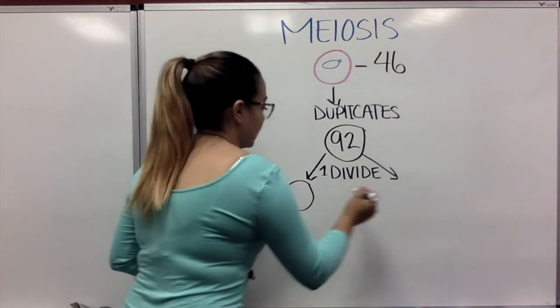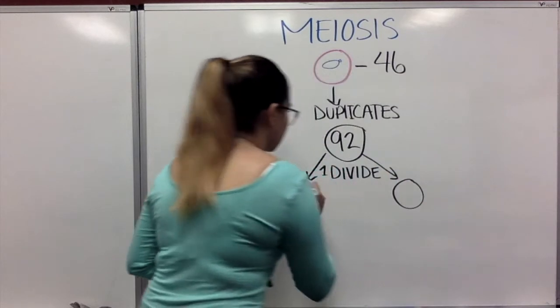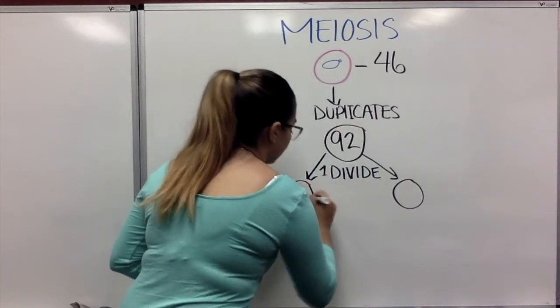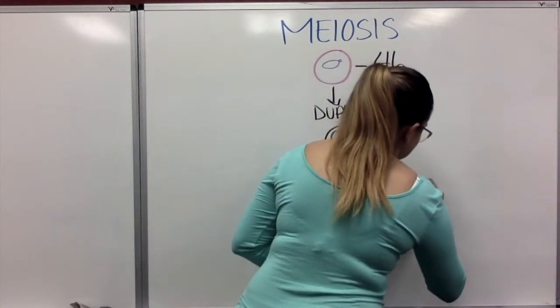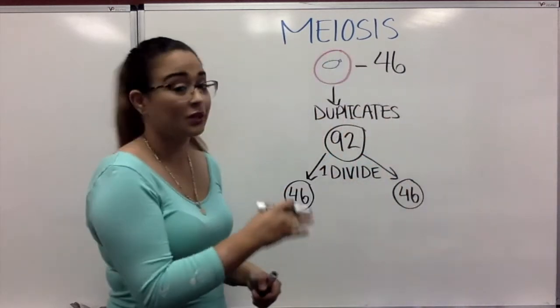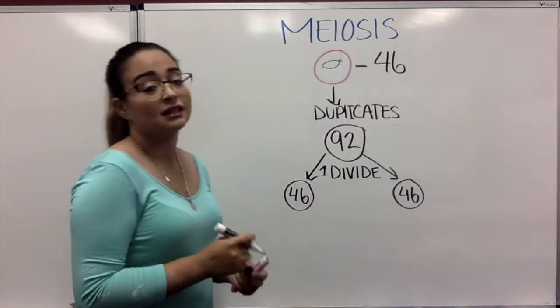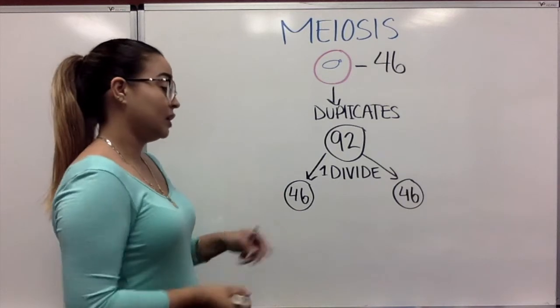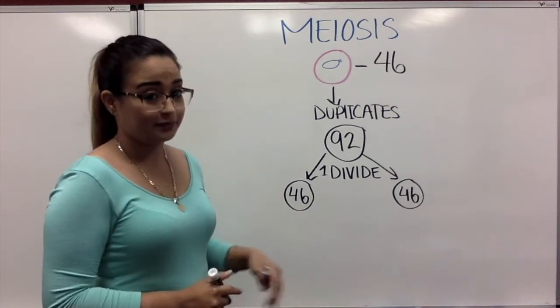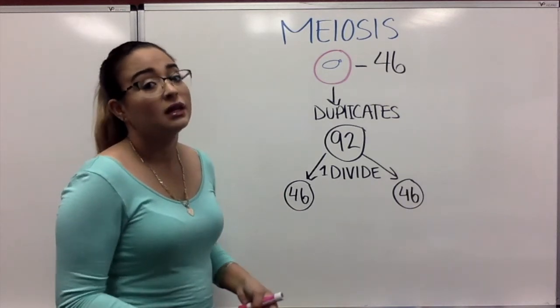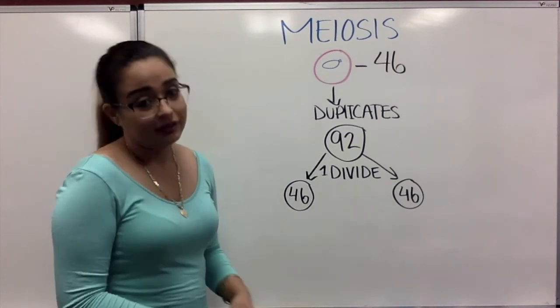So then we have two cells with 46 chromosomes each. Now, it doesn't stay there.